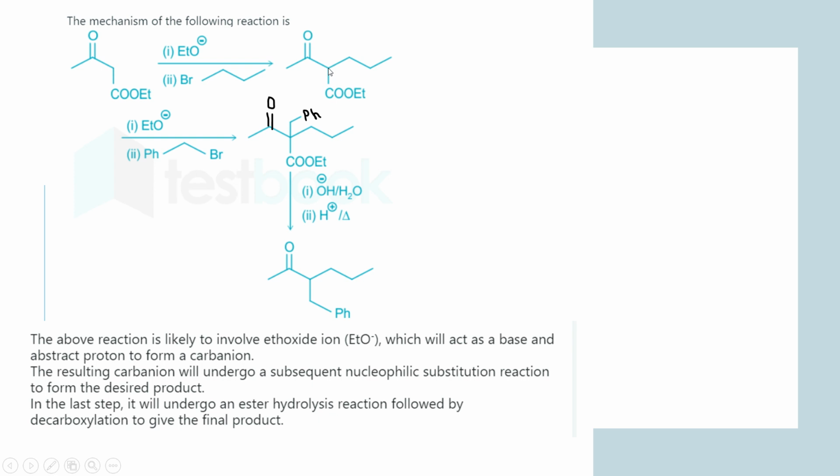So the proton present at this carbon center is now again extracted. So after abstraction of this proton, you get a carbon ion here, which will again form the enolate with this carbonyl group, and the enolate will come back the way we have studied the mechanism to attack at this benzyl bromide.